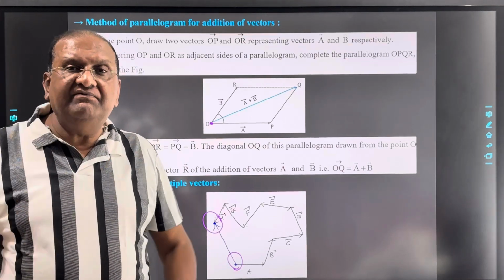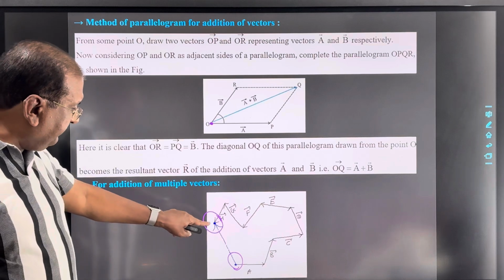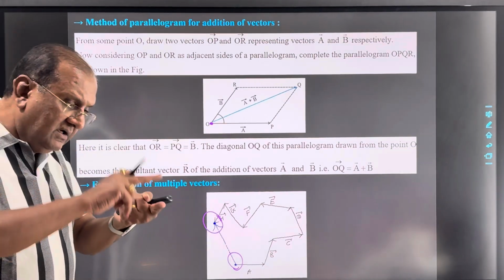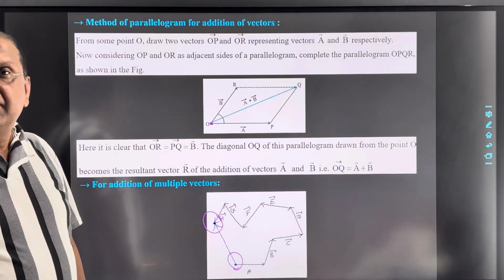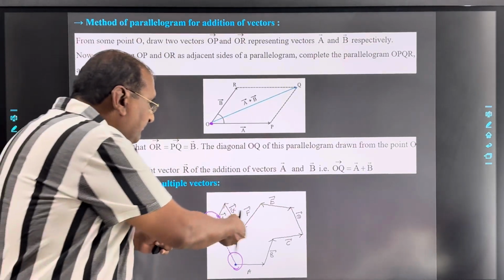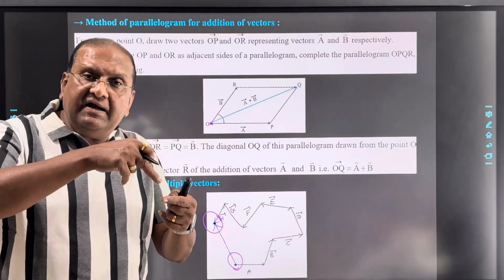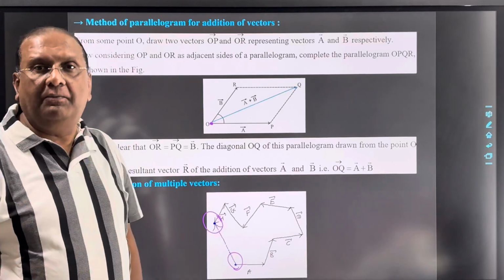Now see, one very important thing you can easily understand here. If the head of the last vector superposes on the tail of the first vector, it implies that if we arrange these vectors head-tail, head-tail, head-tail, a closed loop is formed.